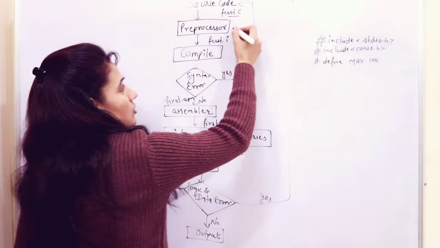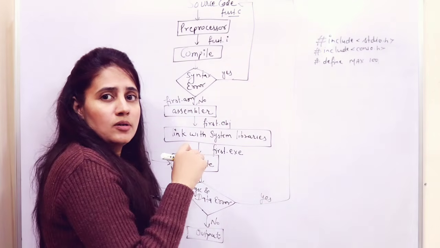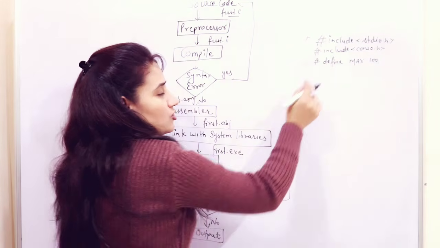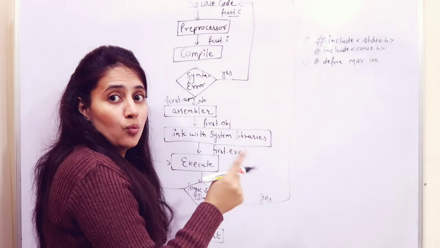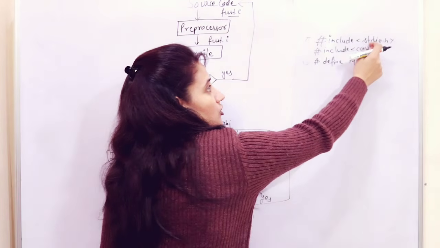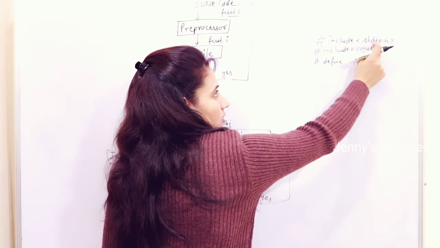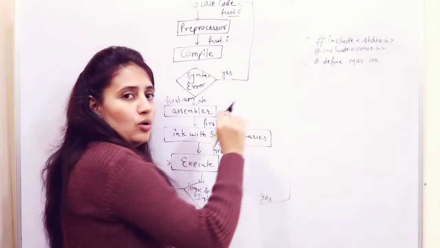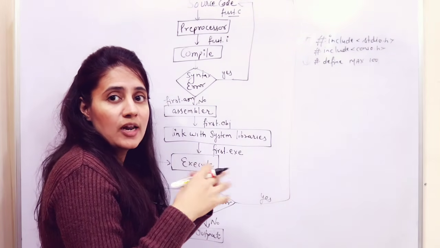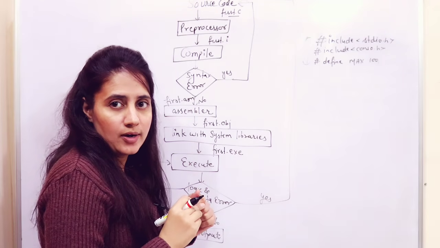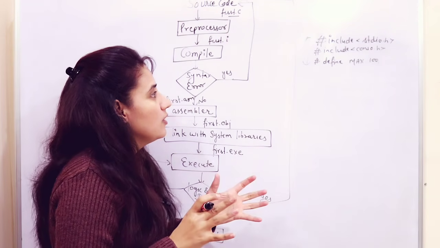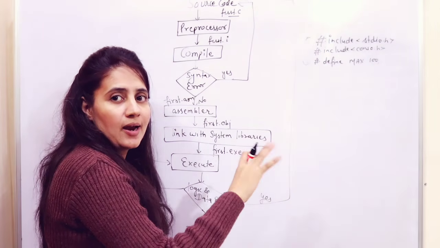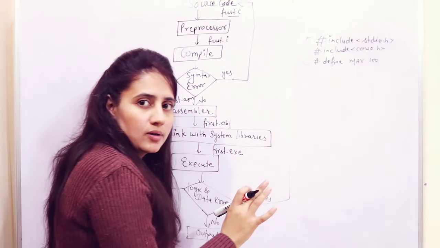So what does the preprocessor do? The preprocessor will replace the lines starting with hash with the declarations of the functions that these header files have. It will also expand the macro. Expand means that whenever in the program I am using max, it will replace that max with 100.